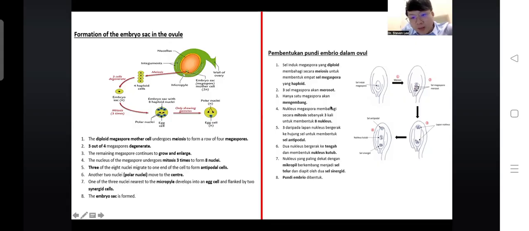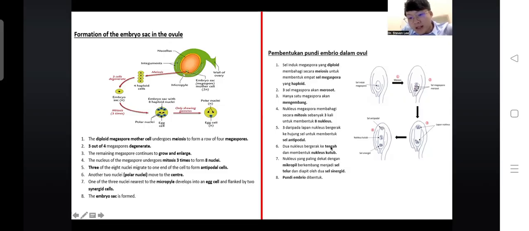So the nukleus megaspora membahagi secara mitosis sebanyak 3 kali untuk membentuk 8 nukleus. Initially they are 8, right? So importantly, you must know how they arrange. 3 daripada 8 nukleus bergerak ke hujung sel untuk membentuk sel antipodal. These 3. This lubang is the micropyle. So these 3 are the antipodal.